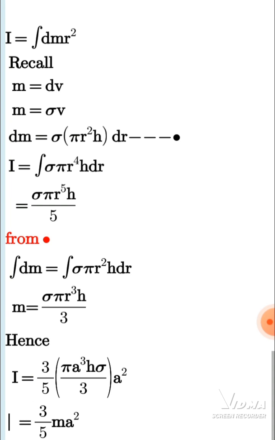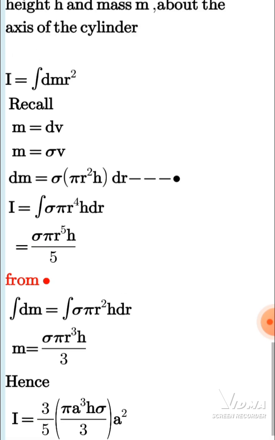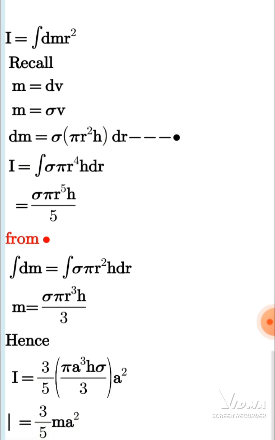Don't forget, we can extract m, because we know that I equals m r squared, but in this case r is represented by a, so we extracted the mass from the moment of inertia, and we have I equals 1/2 m a squared.